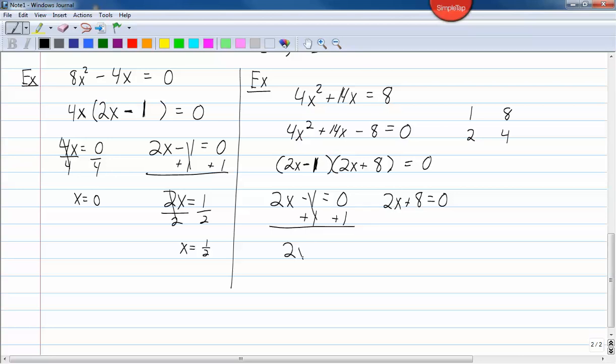When I solve this first equation, I get x equals 1/2. When I solve this second equation, I get x equals -4. So my solution set is 1/2 and -4.